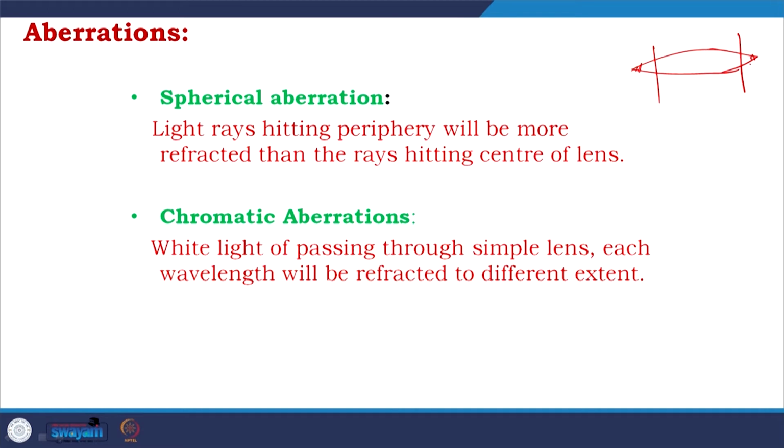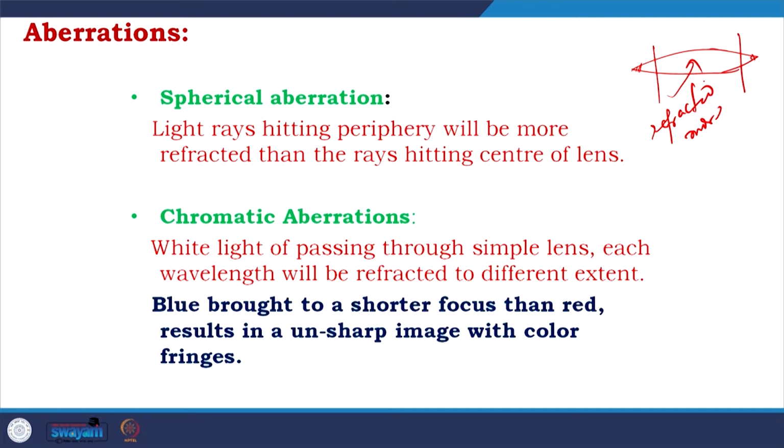Light rays hitting the periphery will be refracted more than the middle or any other places. In chromatic aberration, as we know about VIBGYOR, blue is brought to a shorter focus than red, resulting in an unsharp image with color fringes.